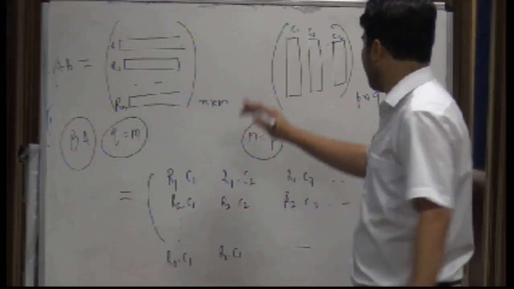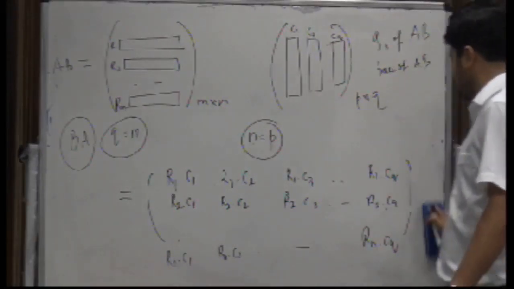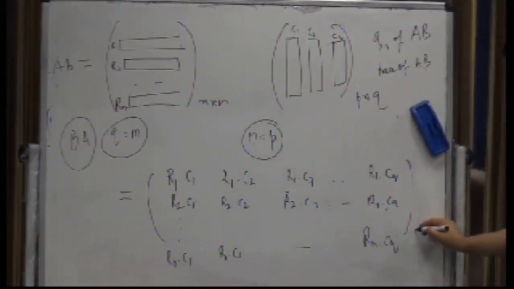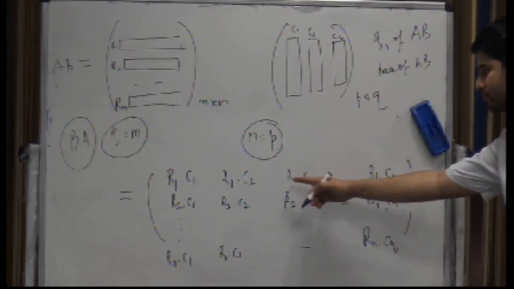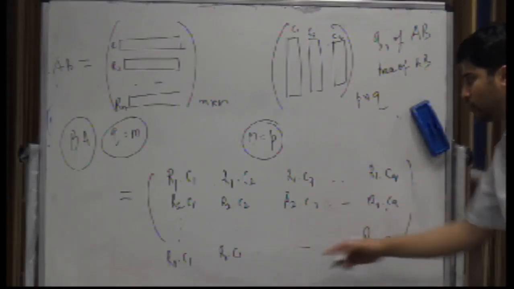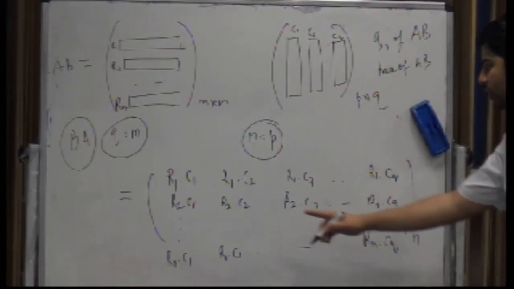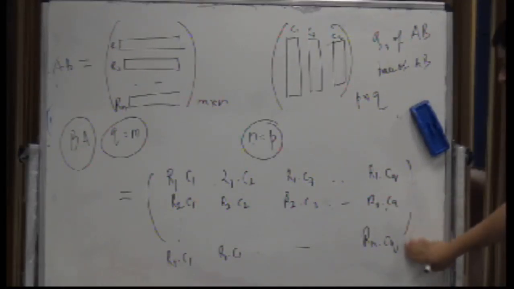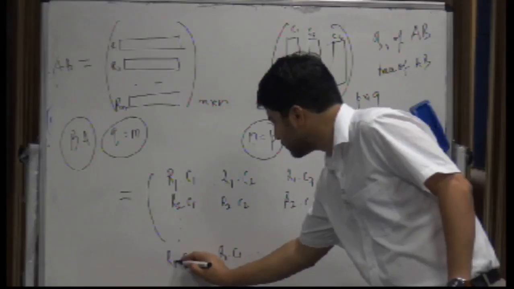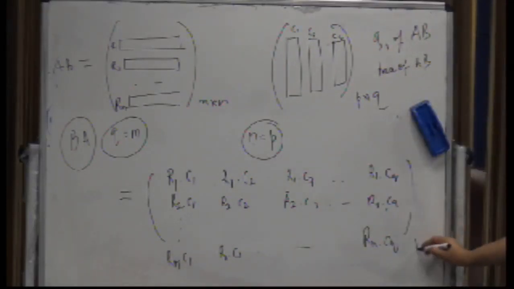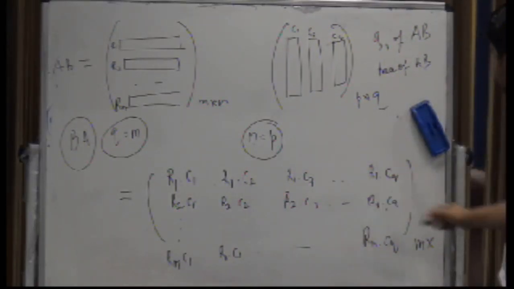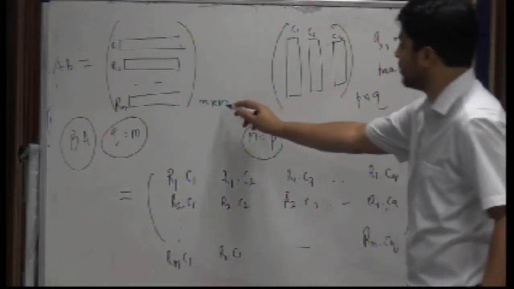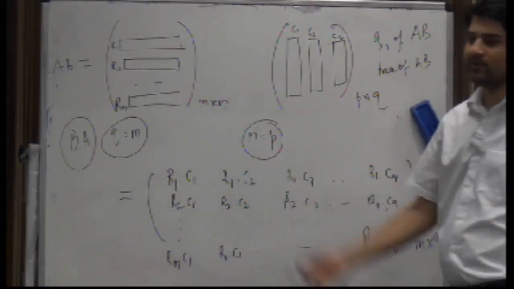Look at the order of AB that came out. How many rows do you have? You have M rows. And how many columns do you have? Q. So you know the order is going to be M into Q. N and P will vanish away.